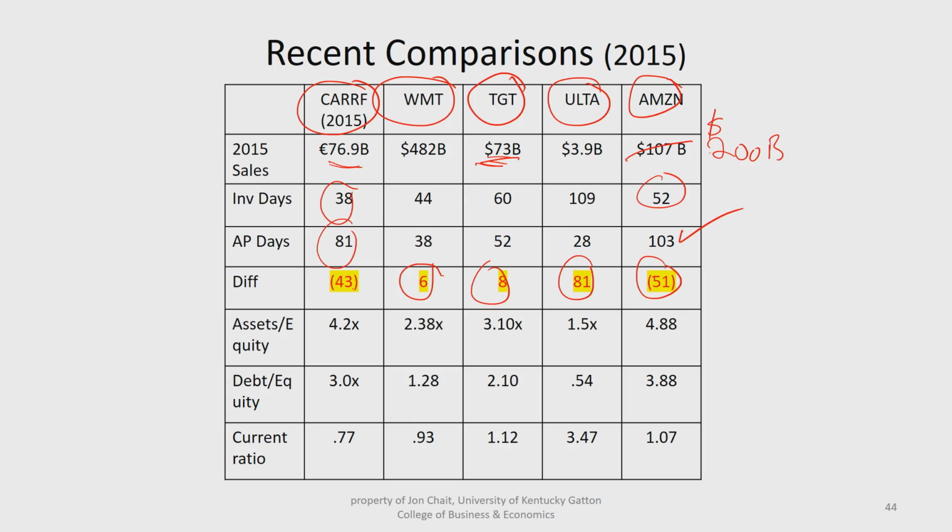But Carrefour is quite comparable to Target, and you can see how much better Carrefour is at stretching their payables than Target is, because they have a 43 day advantage.